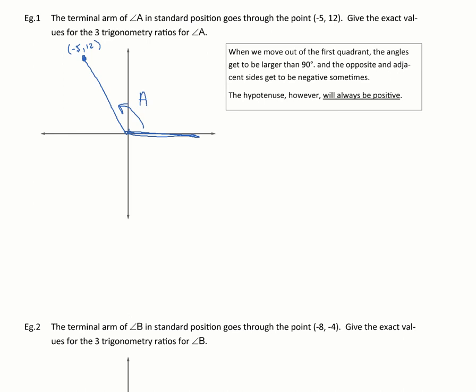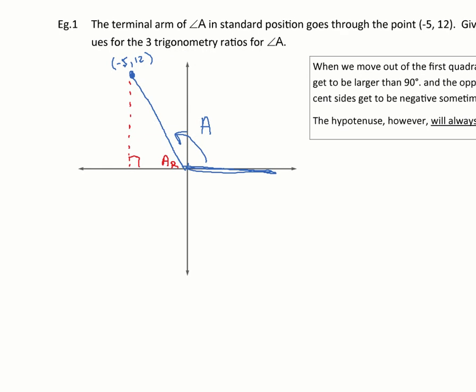Well, we can now drop down our side that makes a reference triangle. In that reference triangle, this little angle here we're going to call AR, for the reference angle. We also know some side lengths.